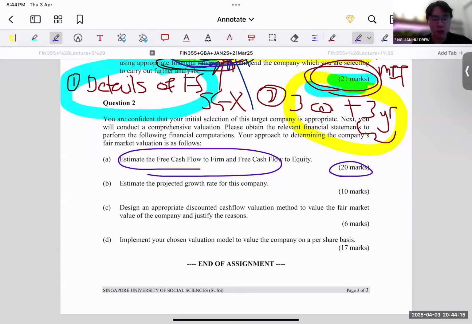So groups that do a lot of details in terms of showing where your figures are from, doing all the extra steps in terms of the calculation, the projection, etc. Generally, you would have done very well, compared to maybe if you just extract, let's say I choose the beta from S&P Capital IQ and then use the beta there. That's fine. I don't think it's wrong, but like mentioned, it's about prisoner's dilemma.